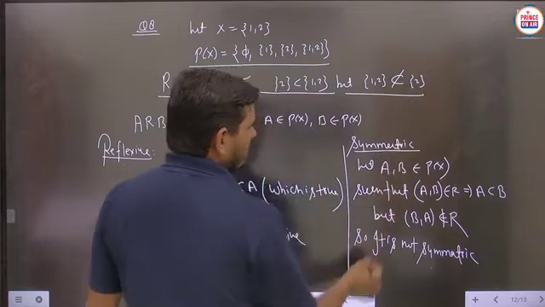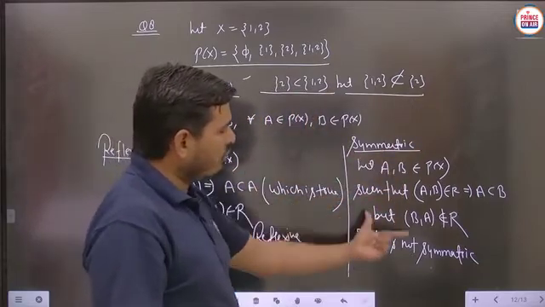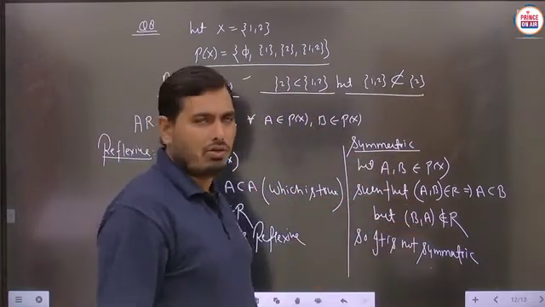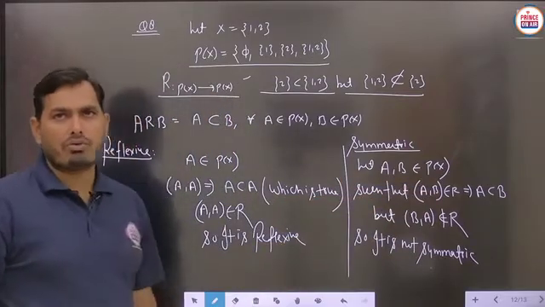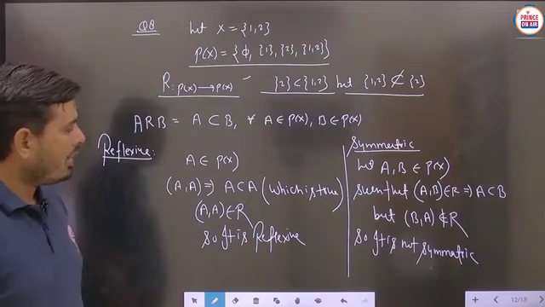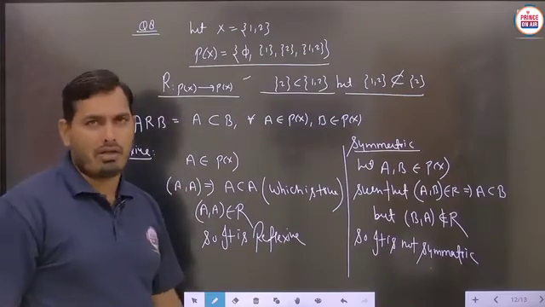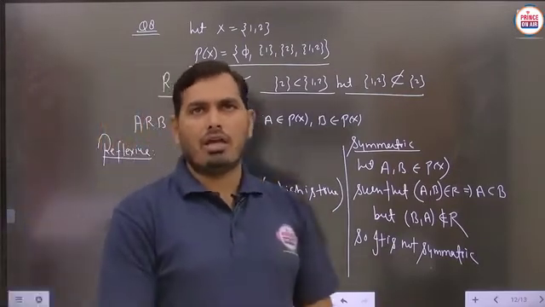Here A and B are the two sets. Is it clear? So here (A, B) belongs to R, but (B, A) does not belong to R. So it is not symmetric, and if it is not symmetric, then definitely it is not an equivalence relation.